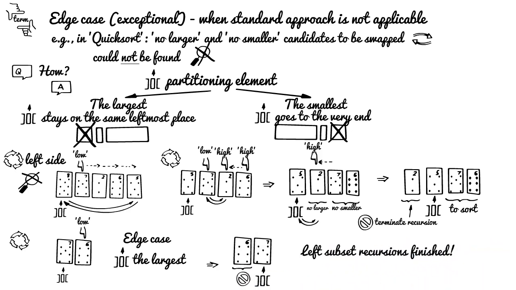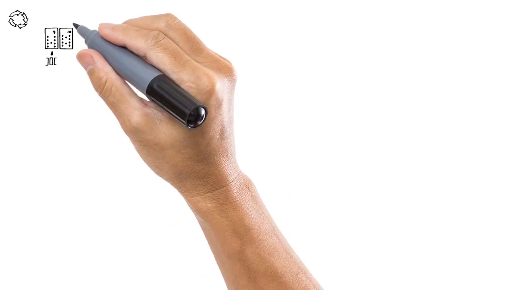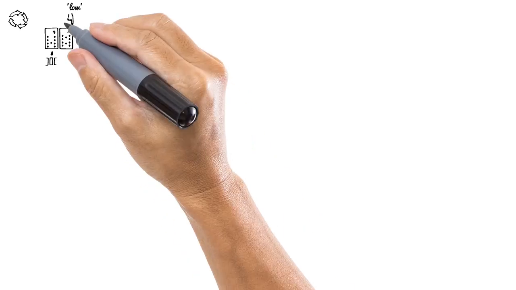We finished all recursions for the left subset after the first loop, but we have the right subset 9, 10 to be taken care of, applying the same steps. The partitioning element is 9, the leftmost. Introduce pointer low to the second element and increment it if needed till finding a no smaller value compared to the partitioning element. 10 is the right candidate.